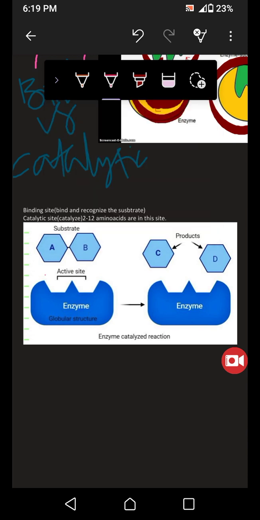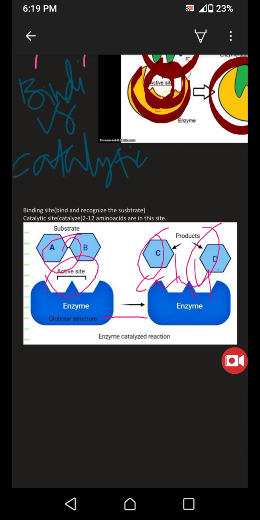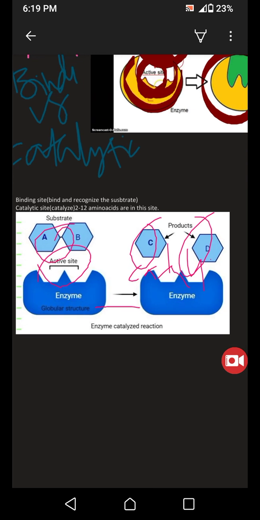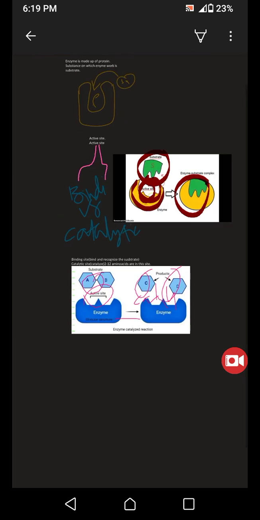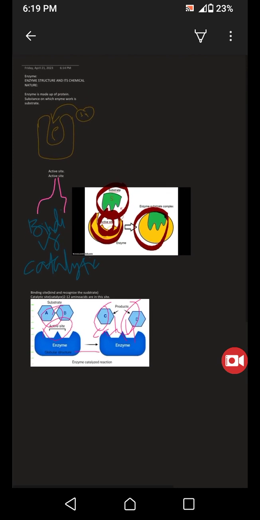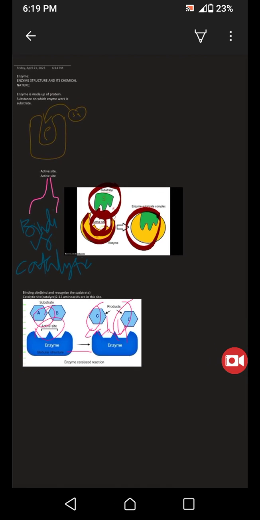When a substrate gets attached to the active site of the enzyme, it will make an enzyme substrate complex, and the catalyzation will take place, and the enzyme will convert the substrate into two products. Okay, so this is the catalyzation that took place in the catalytic site. So in this part we have discussed the substrate and active site.